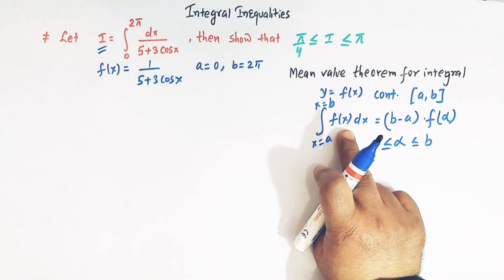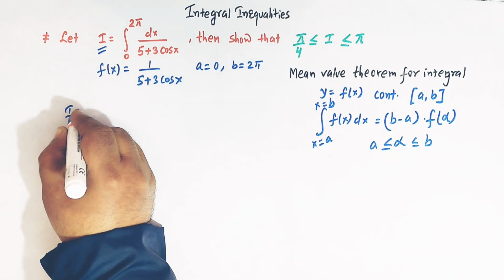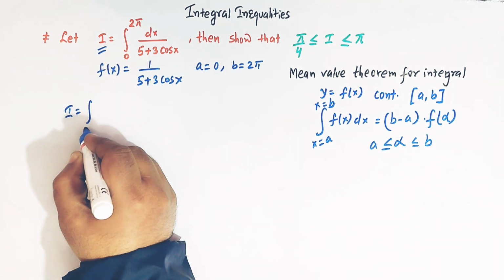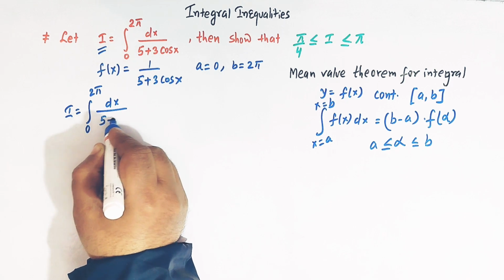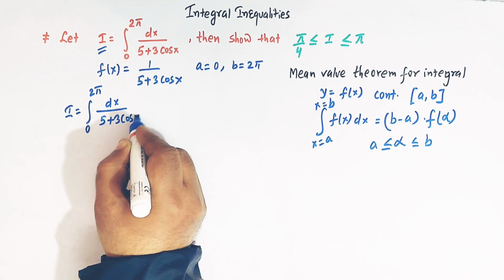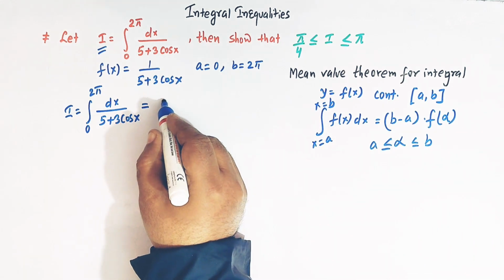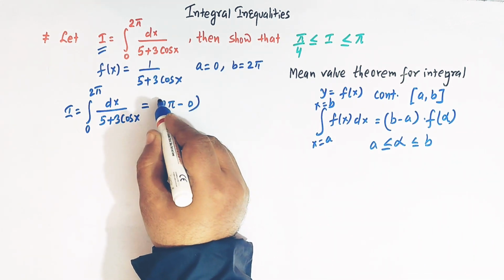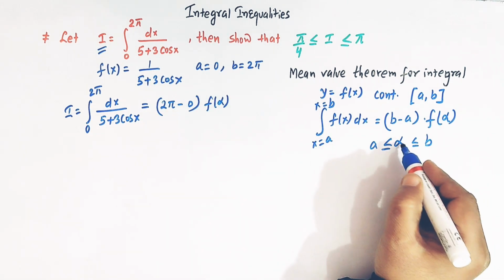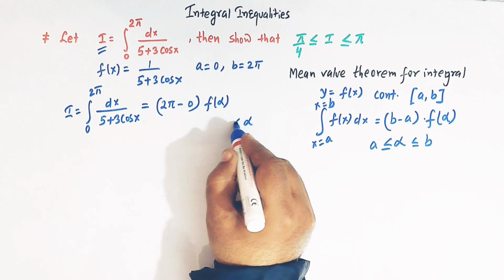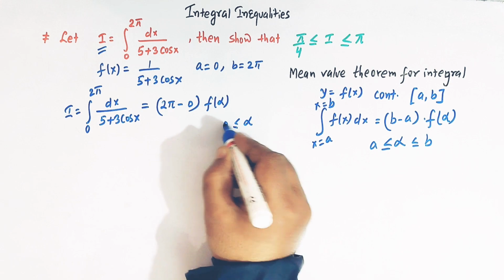Using this mean value theorem, we can write I, the integral from 0 to 2 pi of dx over 5 plus 3 cos x, equal to b minus a, where b is 2 pi and a is 0, times f of alpha, where alpha is some number which lies between 0 and 2 pi.